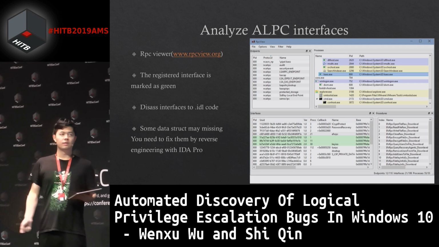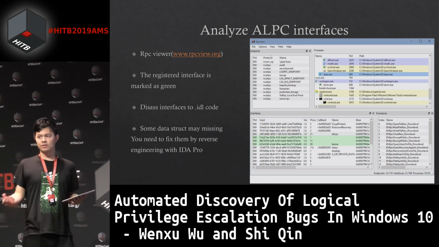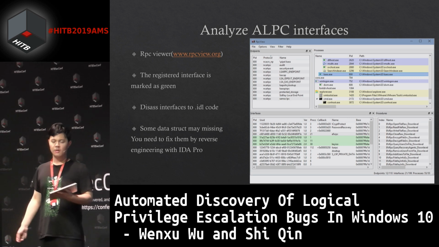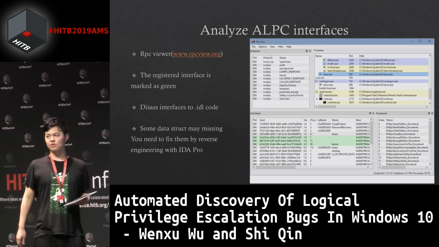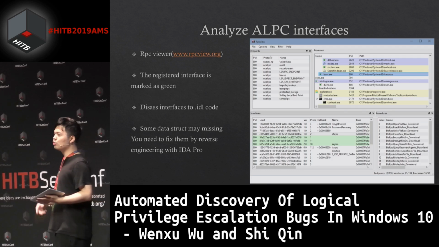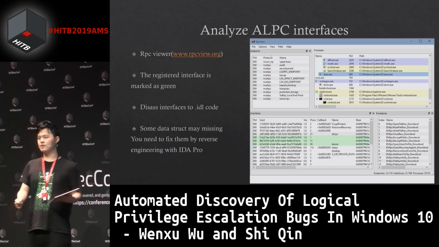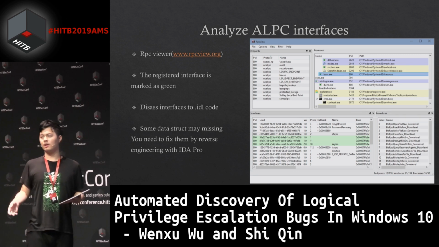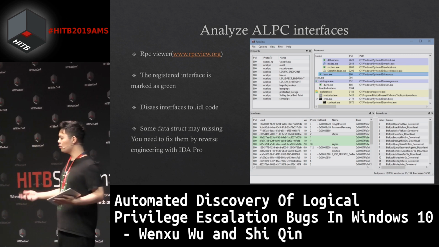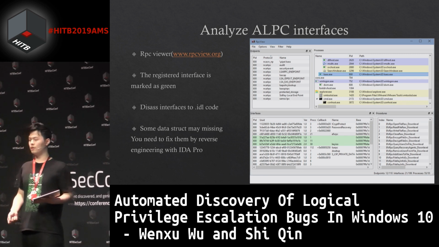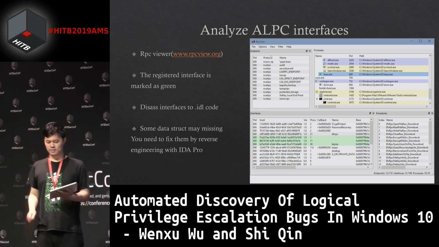But this tool is not very useful in some ways because some data structures may be missing, so you need to do the reverse engineering by yourself with IDA Pro and fix the data structures. When you are able to fix all data structures, this software could fix it.